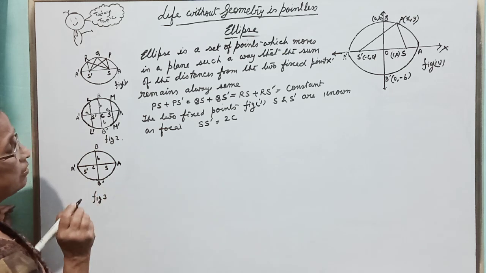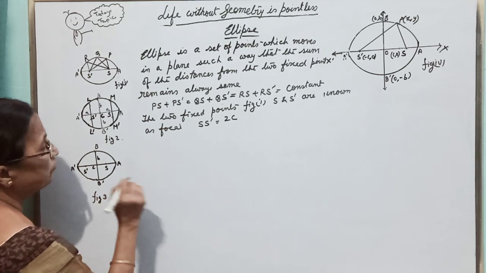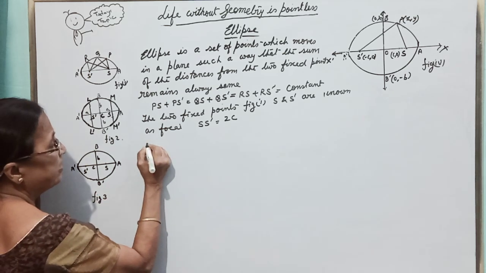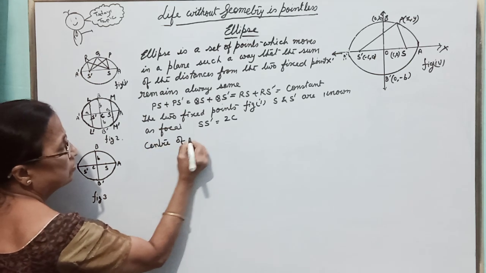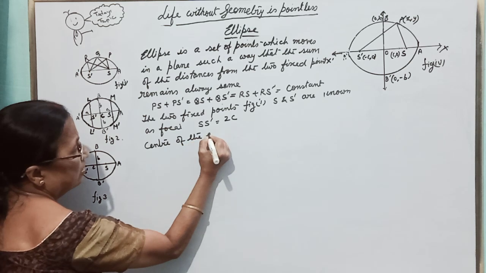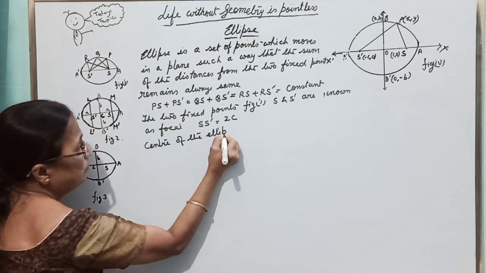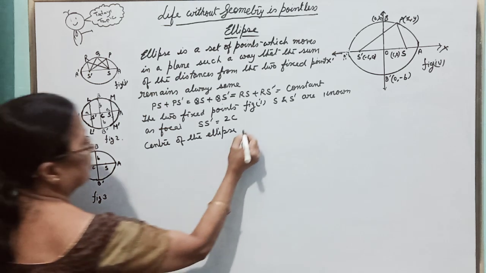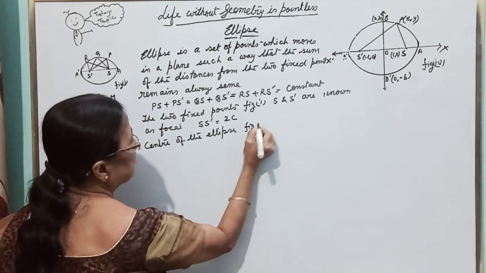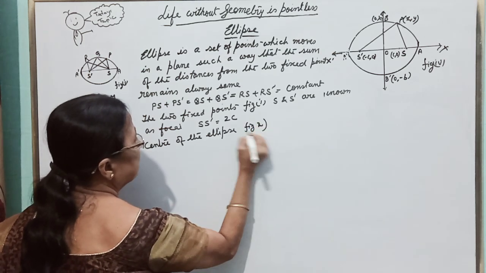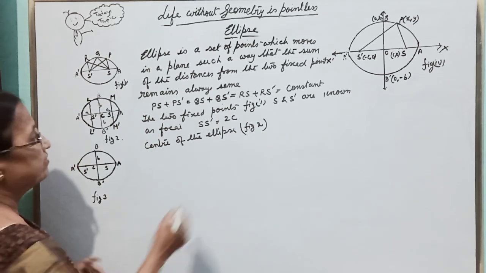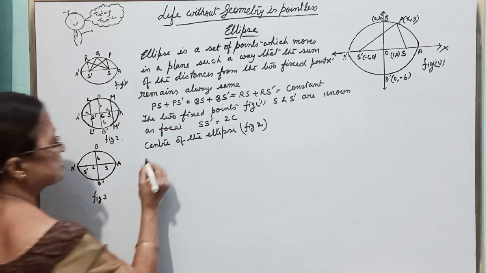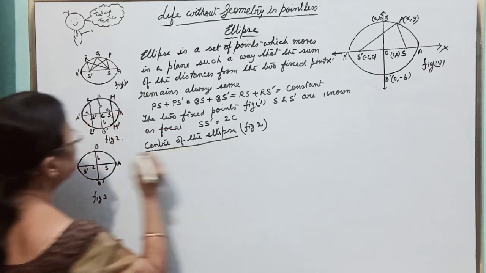Now there are certain definitions of the ellipse. Center of the ellipse. Come to figure 2. The midpoint is the center of the ellipse. What is the center of the ellipse?